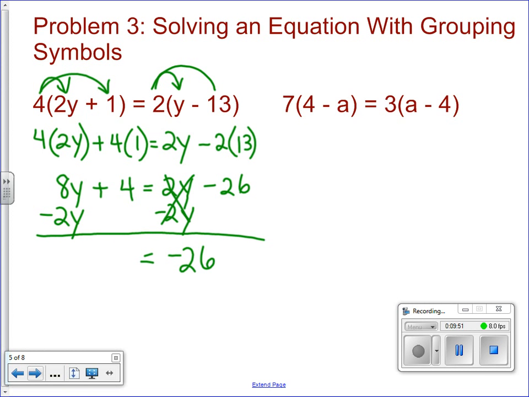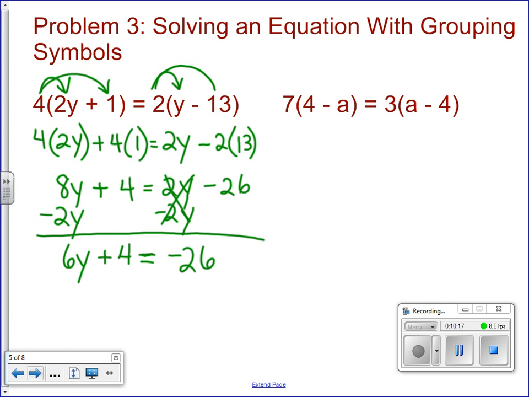Be very careful about that. When you end up canceling something out on the right side, making that equal to 0, 0 minus 26 is going to be negative 26. So you want to make sure that you take that minus sign with the 26. On the left, 8y minus 2y is 6y, and we'll bring down the plus 4.